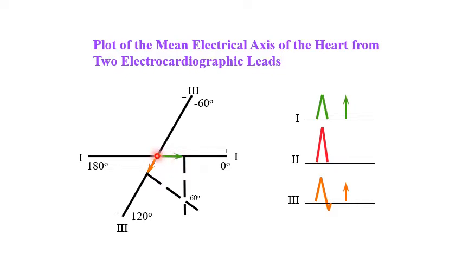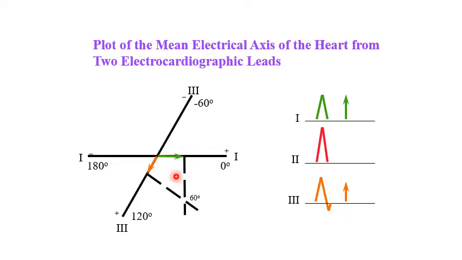So you put the lead 1 vector here, and the lead 3 vector, which is the length that we measured as the algebraic sum in lead 3, and then we draw perpendicular lines.